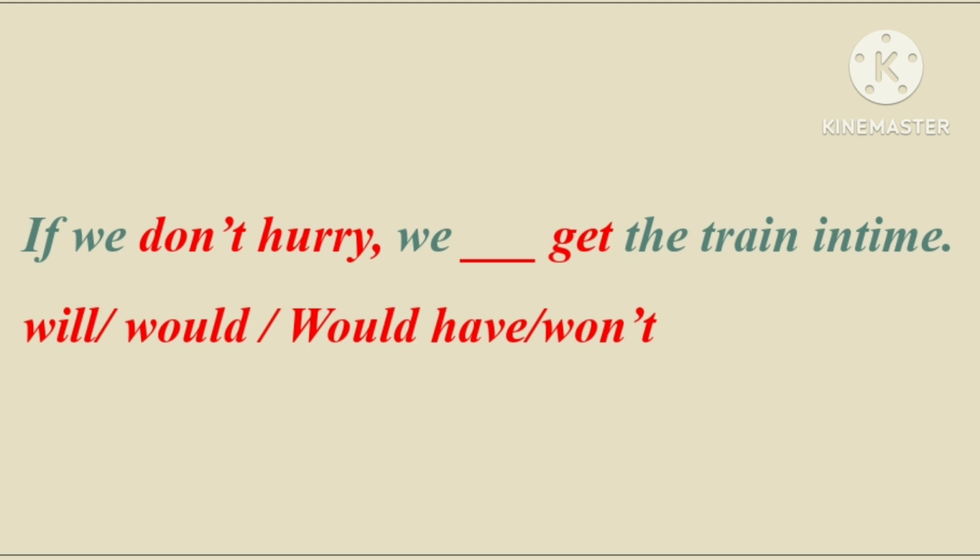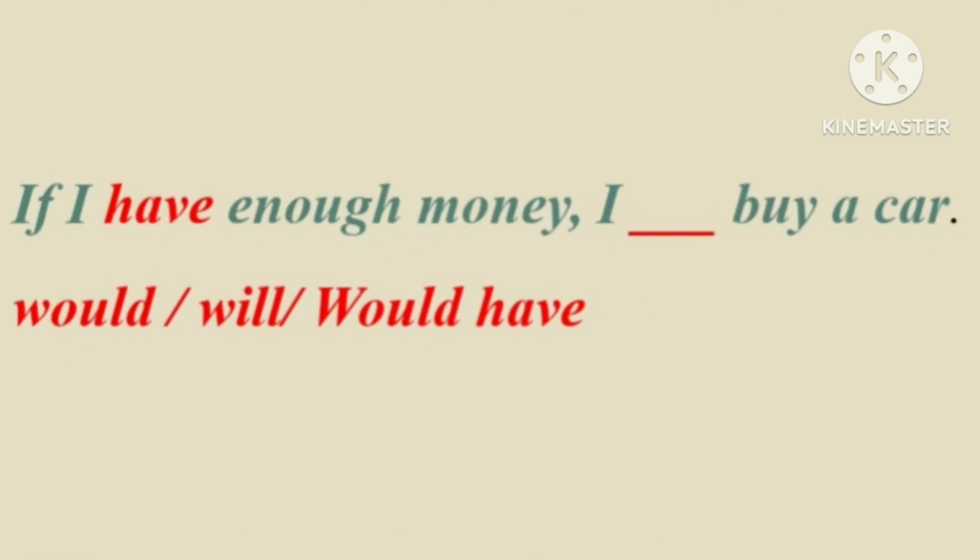Let us see the next example. If I have enough money, I dash buy a car. So have is in present tense, so that's why we go with future tense. Options are would, will, would have.